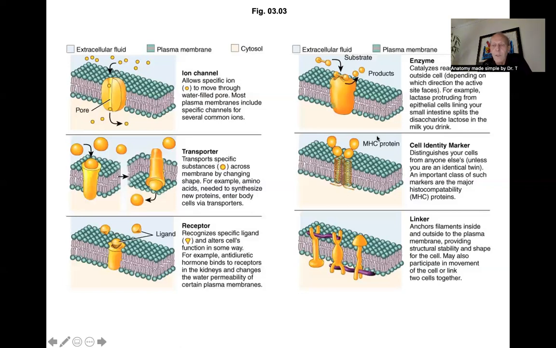Some of the proteins are used as cell identity markers. It is important to understand this concept. It distinguishes our own cells from anybody else's cells, unless we have an identical twin sibling. An important class of these markers are called major histocompatibility proteins.